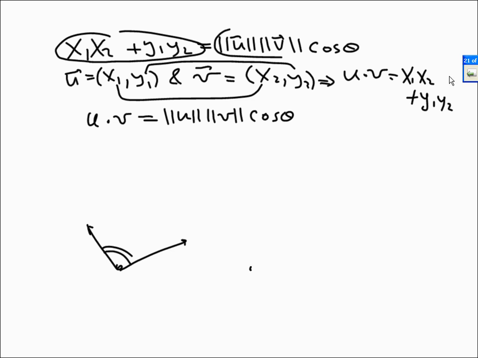But what if u has no length? Does u go in this direction, no length? Does it go in that direction of no length? And here's v. Well, if you went in that direction with no length, then that's the angle.